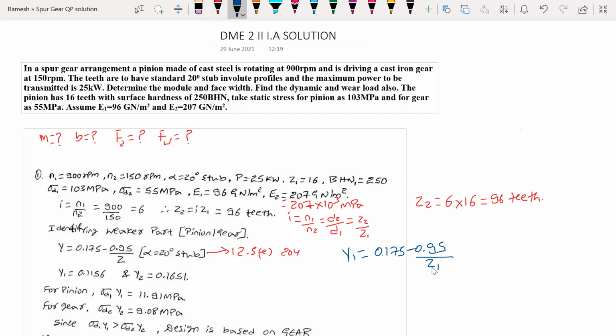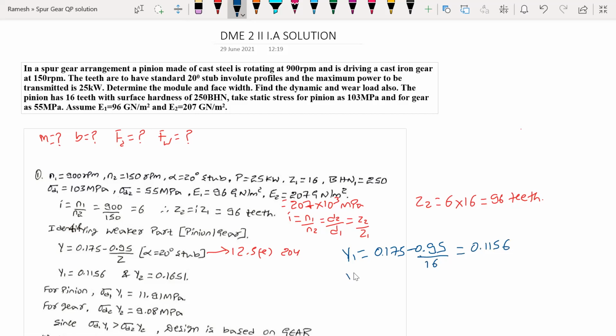Now substitute the value of Z1. How much is the Z1 value? It is given as 16. Substitute that value, divided by 16. From this, y1, I'm going to get it as 0.1156.